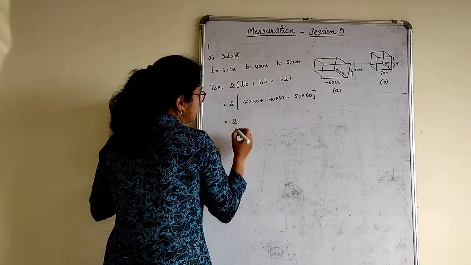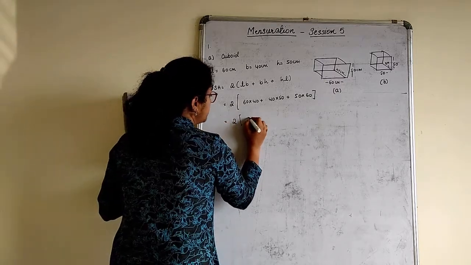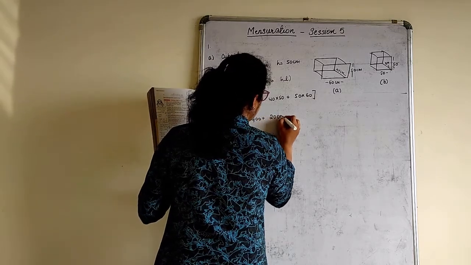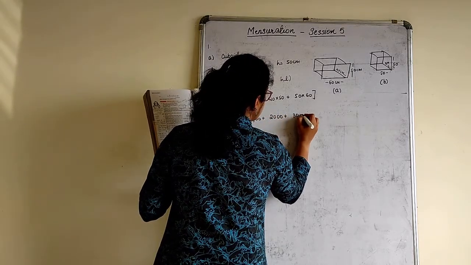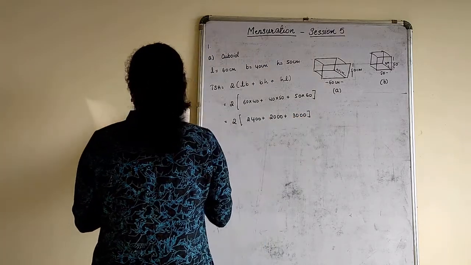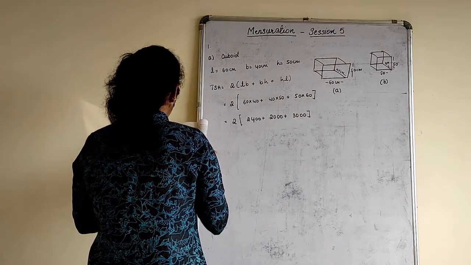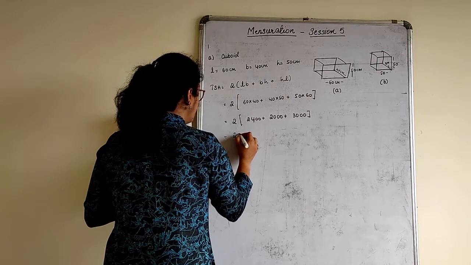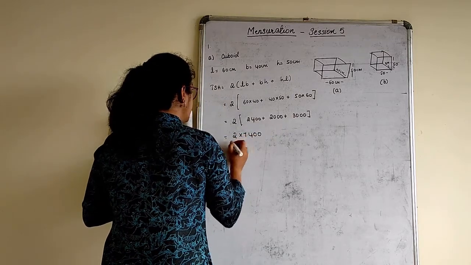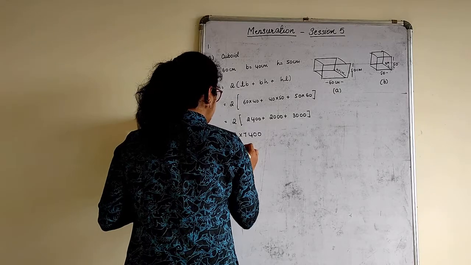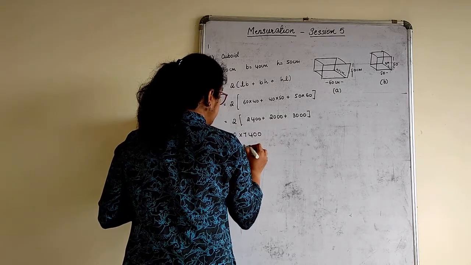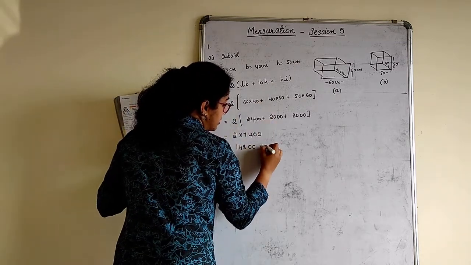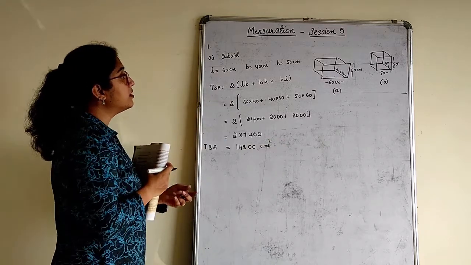Here you have quite large numbers for calculation. 6 fours are 24, double zero. 4 fives are 20, 2 zeros. 6 fives are 30, 2 zeros. So 2400 plus 2000 plus 3000, adding this gives 7400. 7400 into 2, 74 twos are 148, double zero. TSA is 14,800 centimeter square for the cuboid.